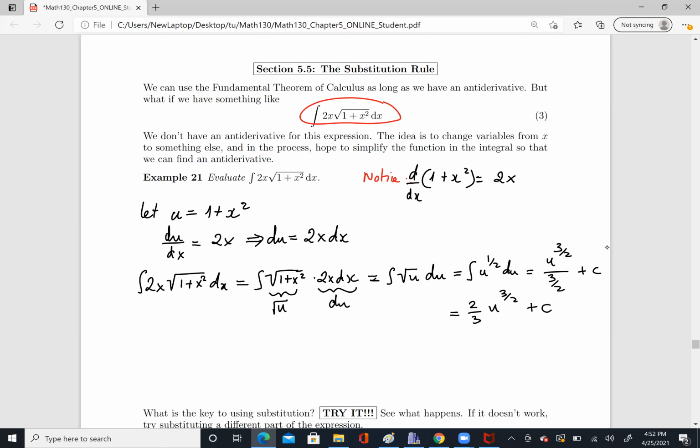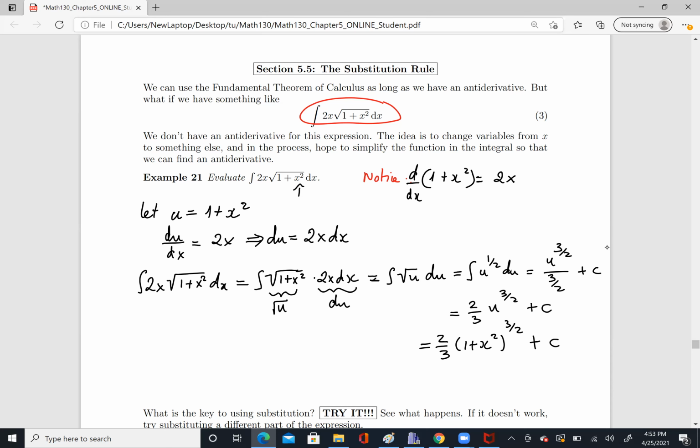And remember that we are using the x variable, so our answer has to come back in the x variable. So I have to come back with 2/3 times 1 plus x squared to the 3/2, and then plus a constant.